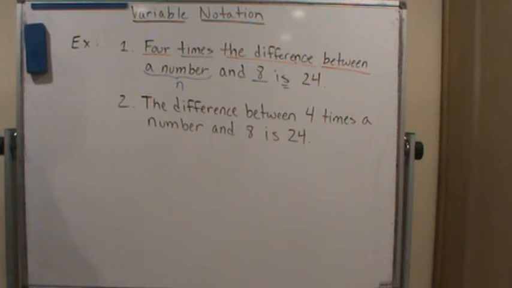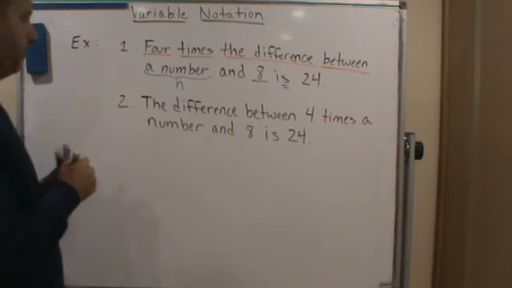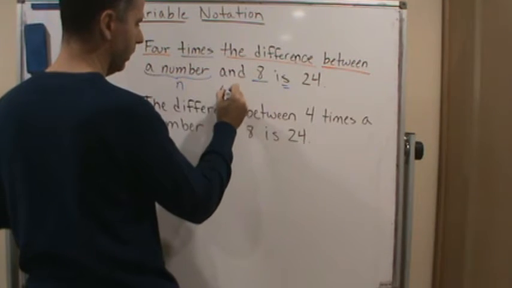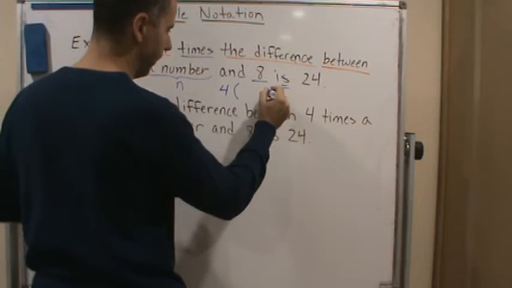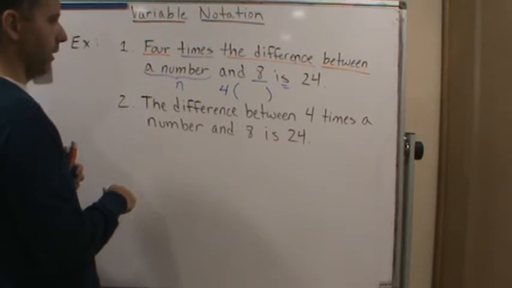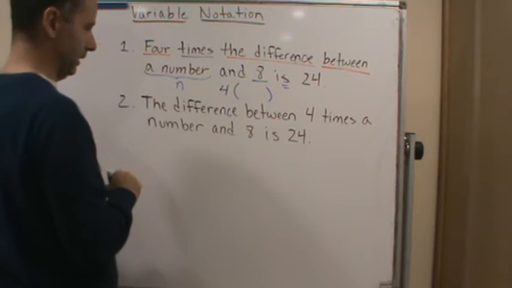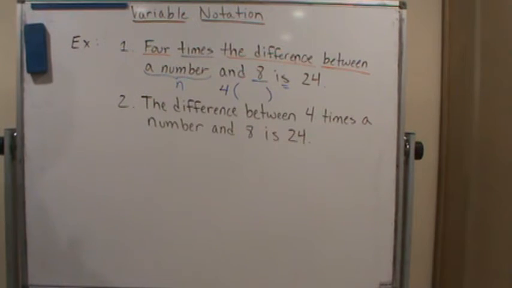So how would we translate this? In this case, it would be translated into 4 times the difference between what? A number and 8. How do we form that?